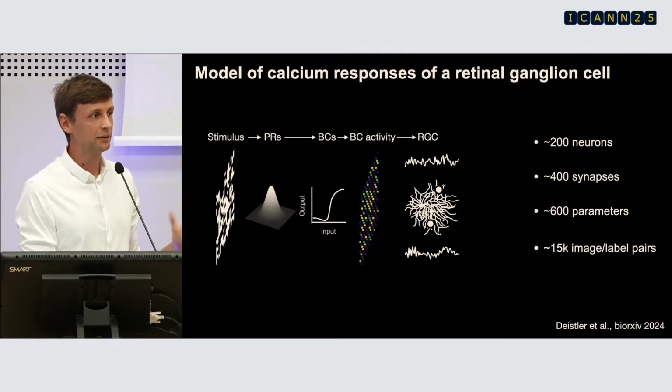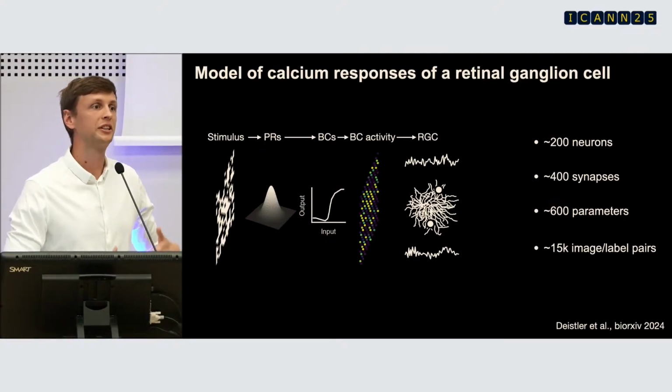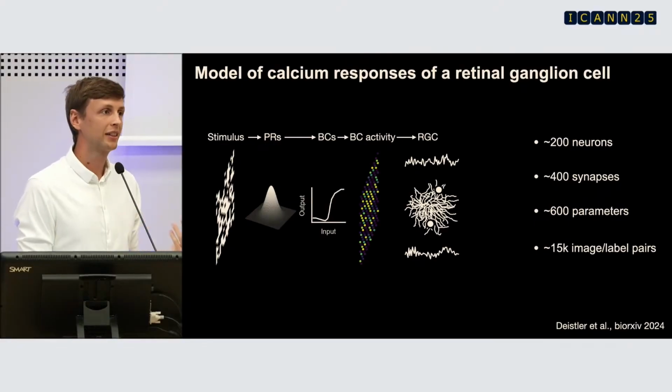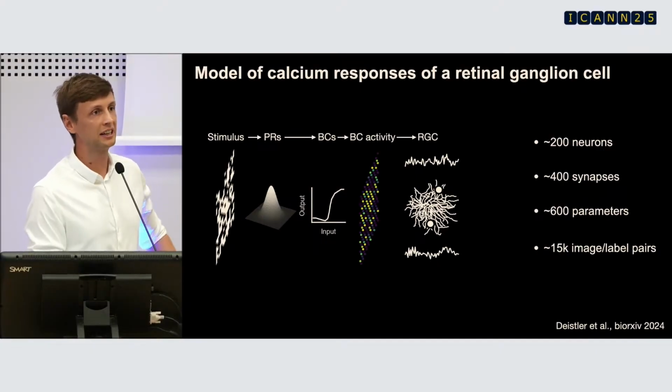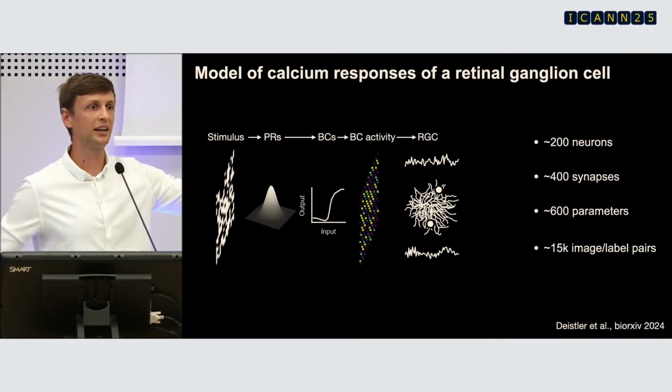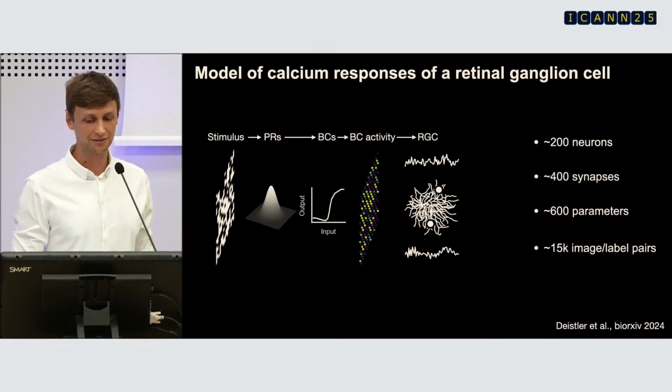The resulting network had about 600 parameters, and just to give you an impression, gradient-free methods usually struggle with about 10, 20, 30 parameters, right? So this is vastly more than what would be possible without gradients. And we're fitting these parameters based on 15,000 pairs of random noise stimuli and calcium recordings.